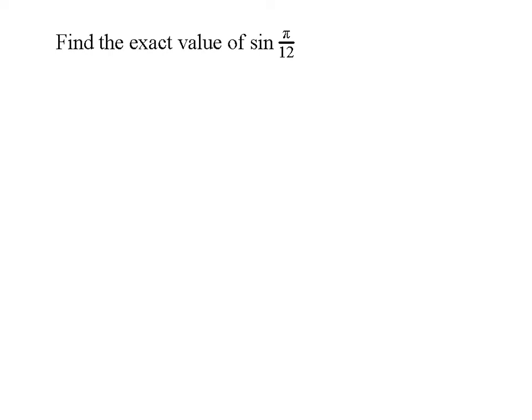Helpful, as you can see in this first example here: find the exact value of sine of pi over 12. Well, pi over 12 is equivalent to 3 pi over 12 minus 2 pi over 12.